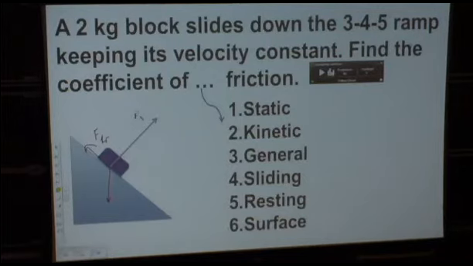So everything we've said about components stays. This is mg parallel, and this is mg perpendicular, and this is theta. So the expression for the normal force doesn't change. It's still going to be equal to mg perpendicular relative to the surface, still going to be mg cosine theta.